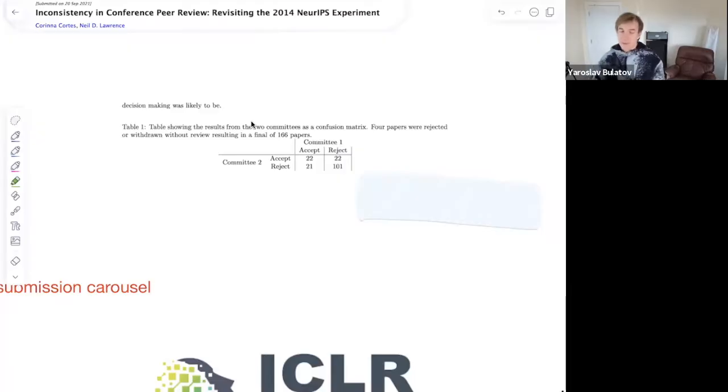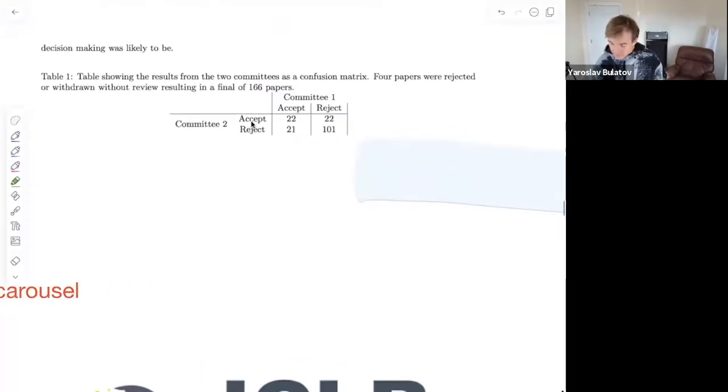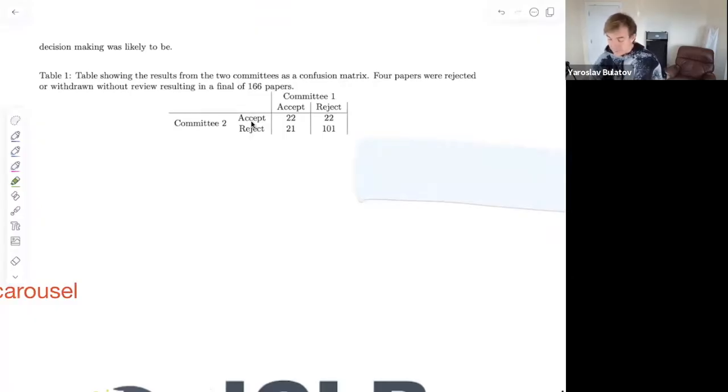Basically, the experiment was to see how noisy the process is. They sent the same paper to two sets of reviewing committees, and then saw whether each one accepted or rejected it. So you can see if committee 1 accepted the paper, there's a 50% chance that committee 2 would accept it.